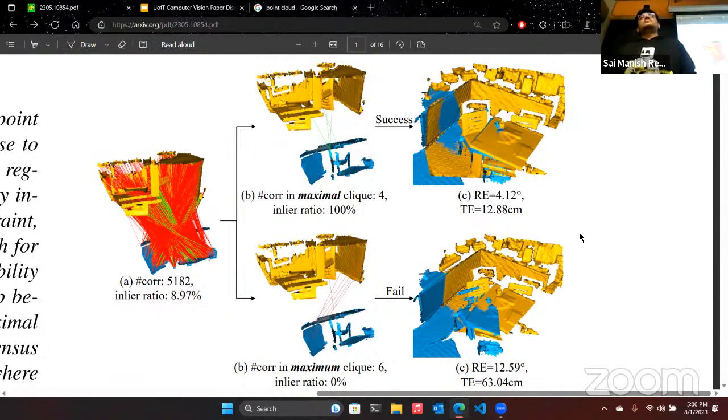It definitely could, but I think the last was the maximum one, so I'm not really sure if they have done it on a maximum. So you're talking about if the deep learning model was trained on the maximal cliques instead?